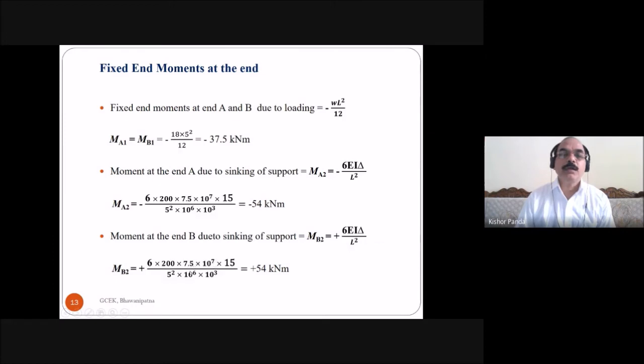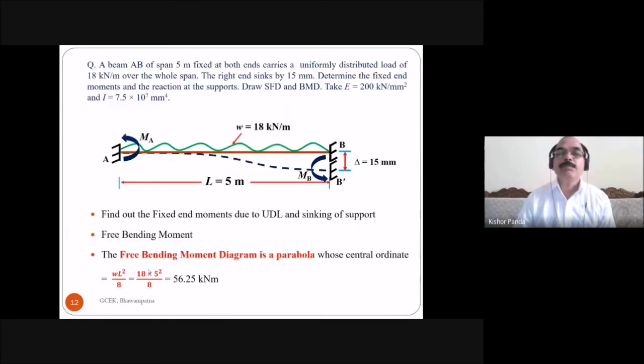Then you have to divide by 10 to the 6, and delta is in millimeter, so you have to divide by 10 to the 3 to get meter. So MB2 is equal to plus 54 kilonewton meter. So these are the MA2 and MB2 due to the sinking of support B by an amount of 15 mm.